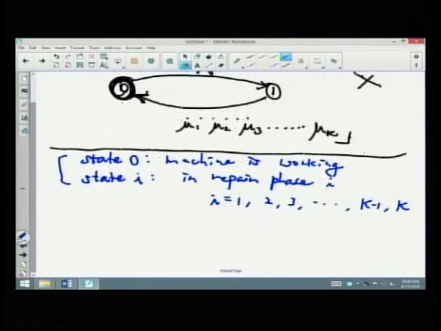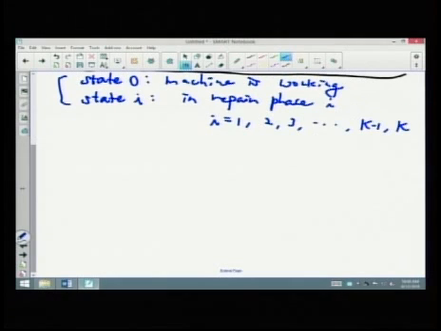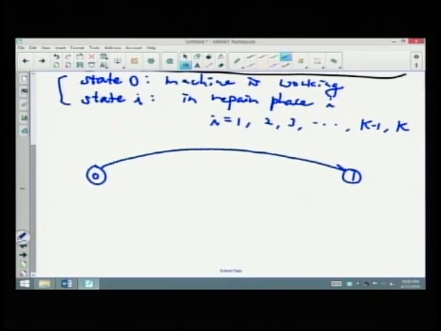Right? So using this new state of system definition, we can draw a transition diagram. So let's say we have state 0. In this state, the machine is working. And then we have state 1 here. So this is a failure rate, right? Which is lambda. And then let's say we have many different states down here.